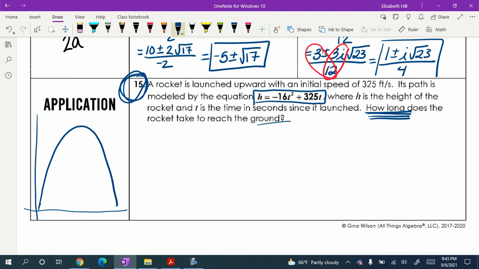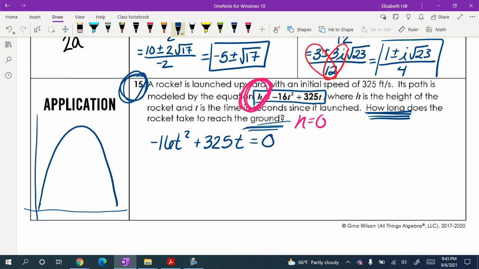So when you're talking about that, you're solving for t, how long does it take to reach the ground? Well, think about it. If we're solving for t, you need to put something in for h. So what is the height of this rocket when it hits the ground? Well, that's when h is equal to 0. So now you have this equation of negative 16 t squared plus 325t. We are trying to solve it for when does it equal 0.